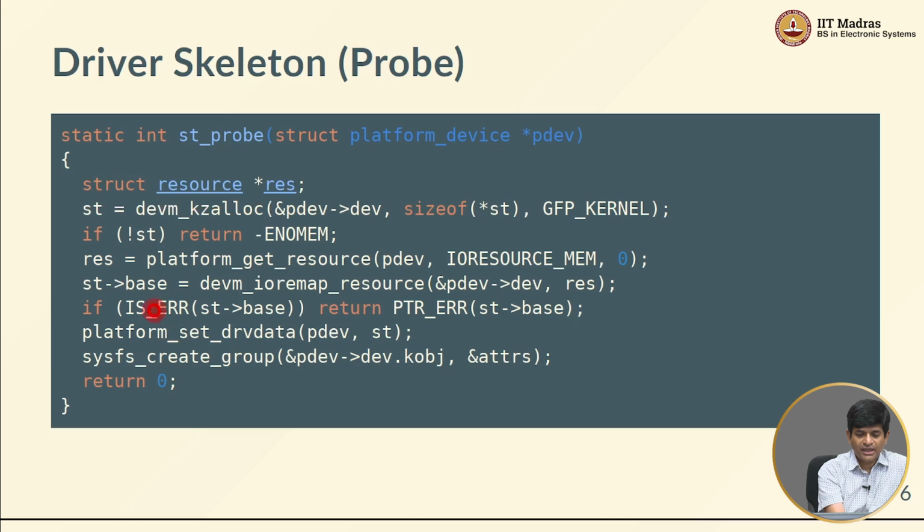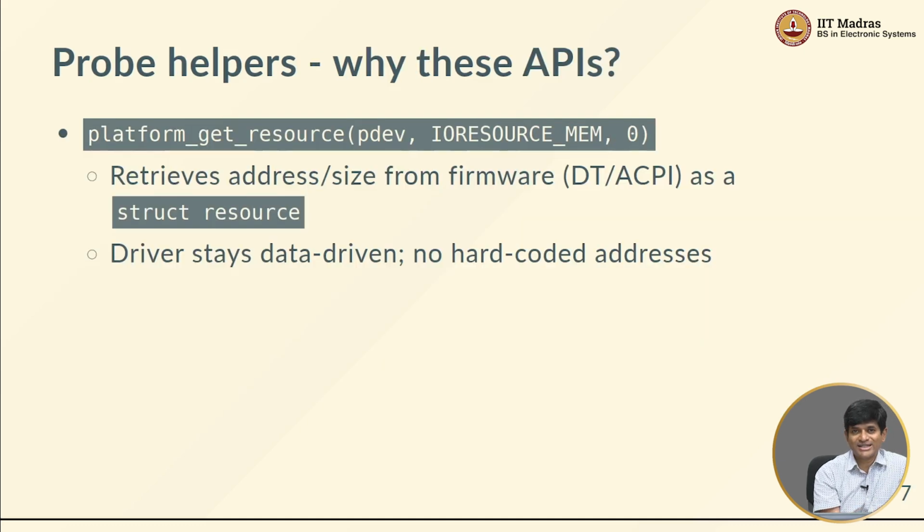And why is this important? Because it allows us to do exactly what we have been talking about so far, which is that I can pull information out of the device tree and put it into a format that can then be used by other parts of the kernel. Just to recap what we have been repeatedly saying about the device tree, this means that the driver stays data driven.